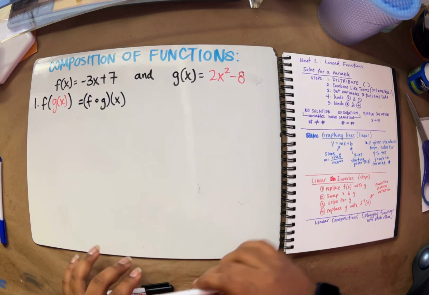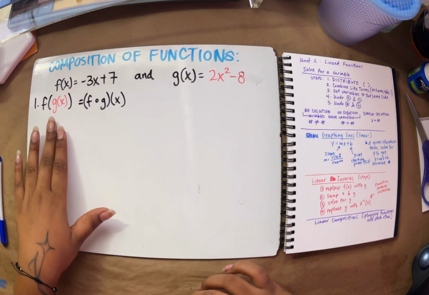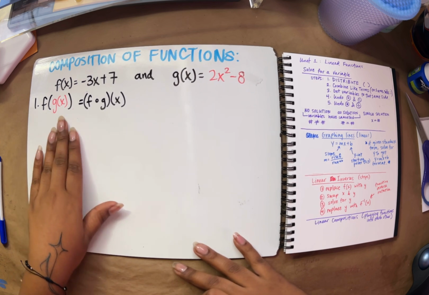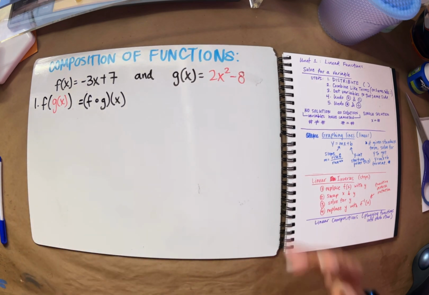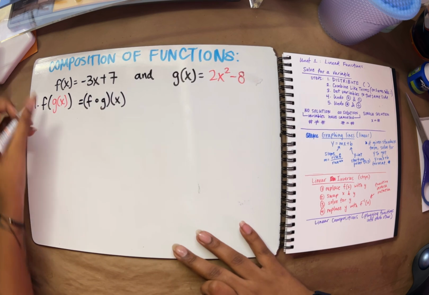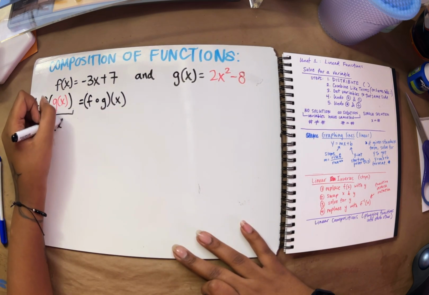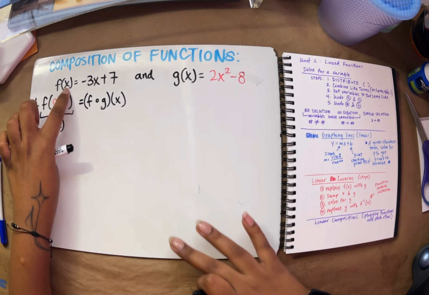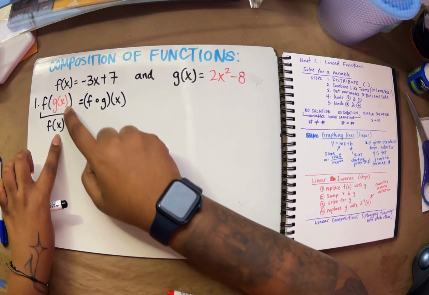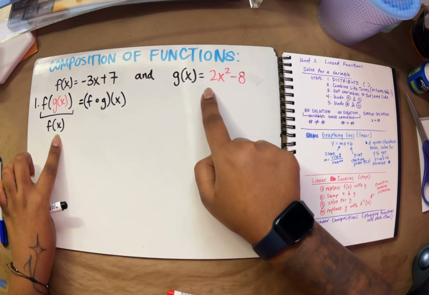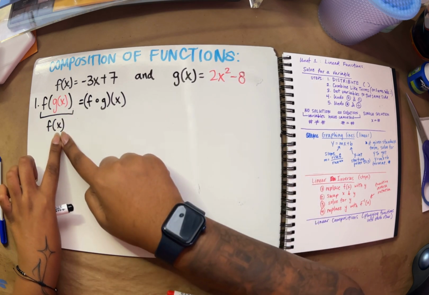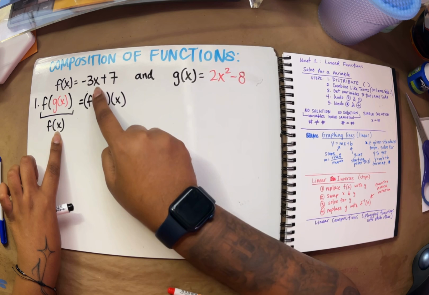So if we look at f of g of x, we have f on the outside and g of x on the inside. We know that f of x looks like that, f of x. So I am plugging in my g of x function, this whole thing, inside the x value of my f of x function.